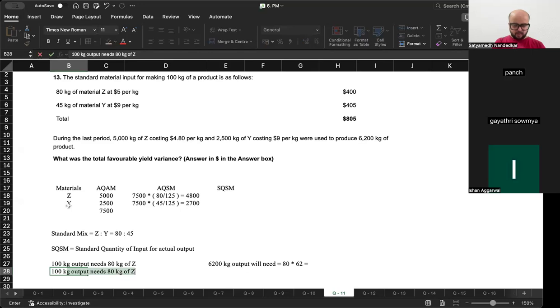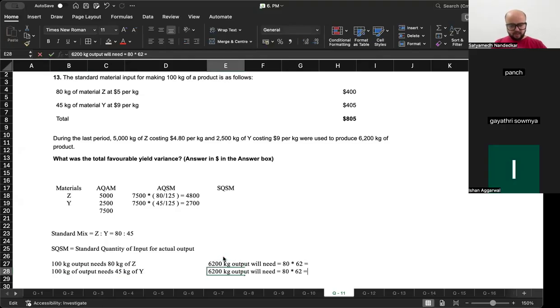And 100 kg of output needs 45 kg of Y. So 6200 will need 45 into 62. 2790, 4960, 2790. Actual quantity standard mix, standard quantity standard mix.